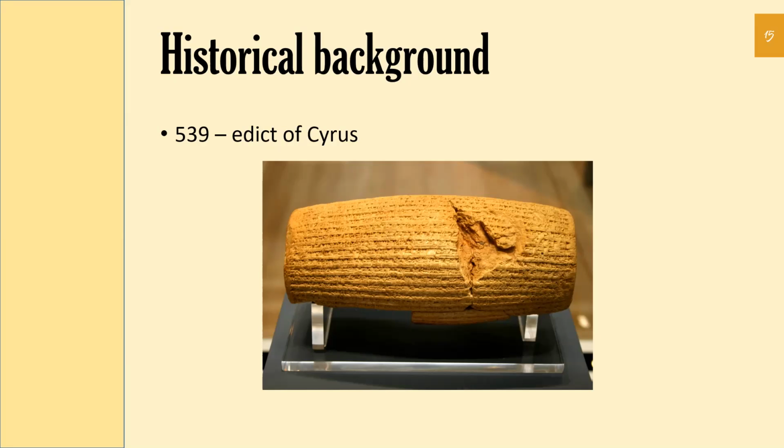And the historical background is very interesting, because we know that Cyrus issued a decree, and you can find this Cyrus prism, not cylinder, Cyrus cylinder. And the decree is written in Akkadian language on this cylinder. And according to this decree, he allowed the exiled people to go back to their countries.